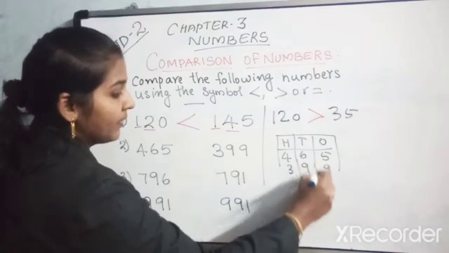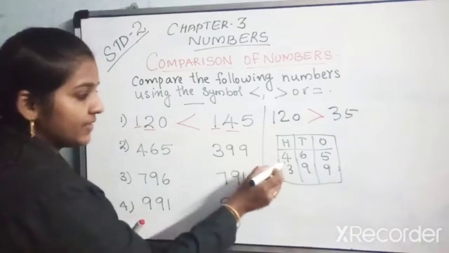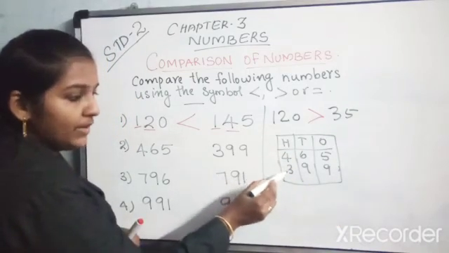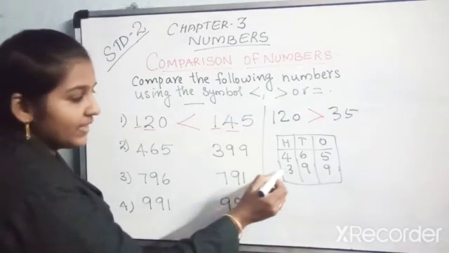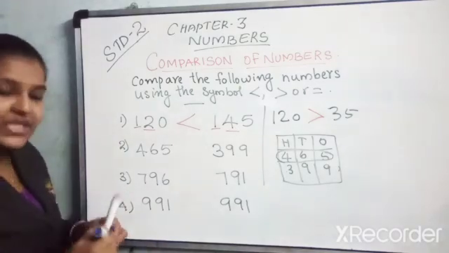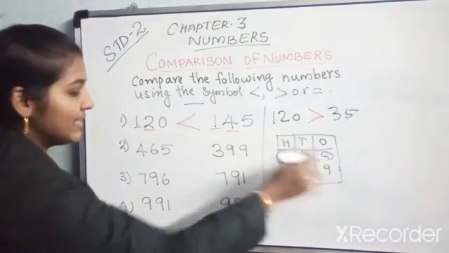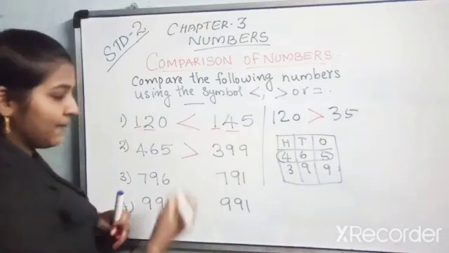Then you can check here in the hundreds place which is the greater number, 4 or 3. Yes, 4 is greater. So this number is the greater number. This way also you can answer this question. So 465 is greater.